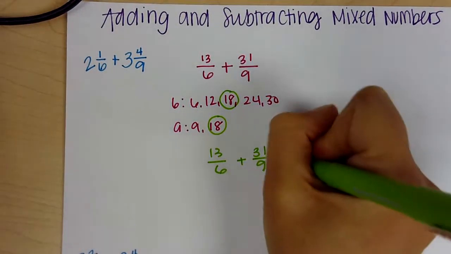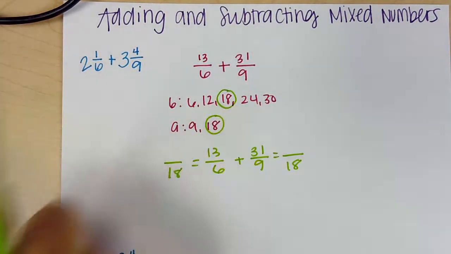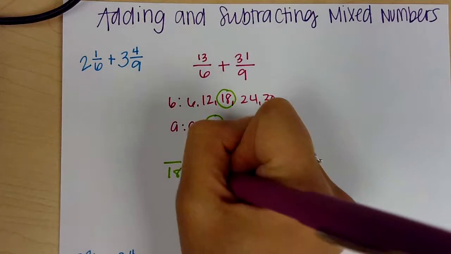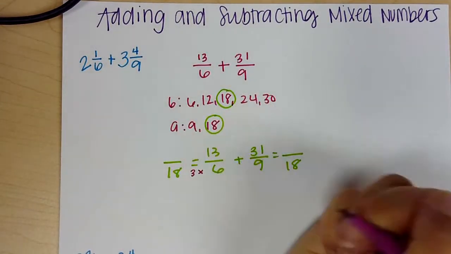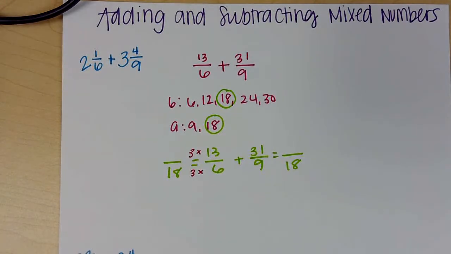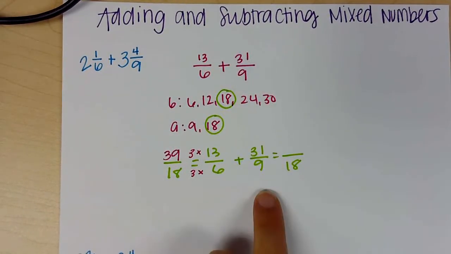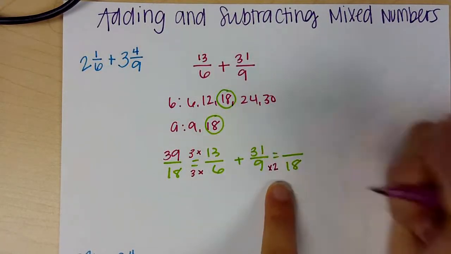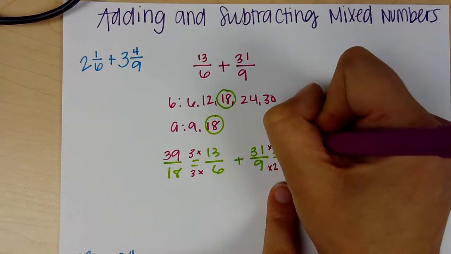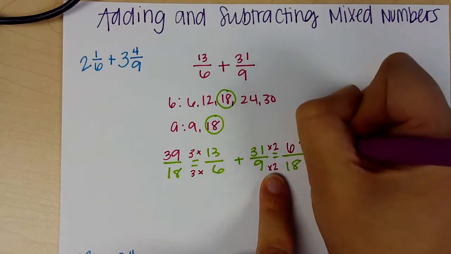And we want that denominator of 18. To get from 6 to 18, I multiply by 3. Therefore, up top, I also multiply by 3. 13 times 3 is 39. Over here, 9 times 2 will get me to that common denominator of 18. So I multiply 31 by 2 as well. 31 times 2 is 62.